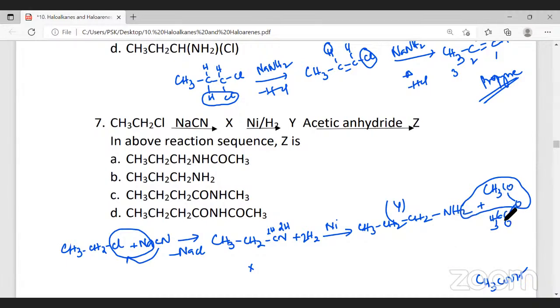In place of this H, this whole group goes. So you get CH3CH2CH2NHCOCH3. What will be the answer for this question? The answer for this question will be option A. Did you follow this reaction?